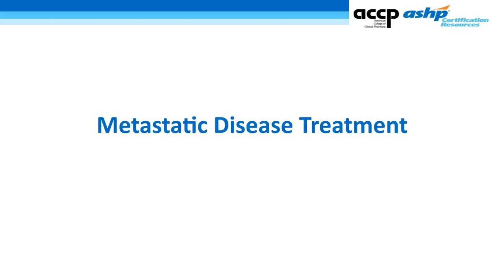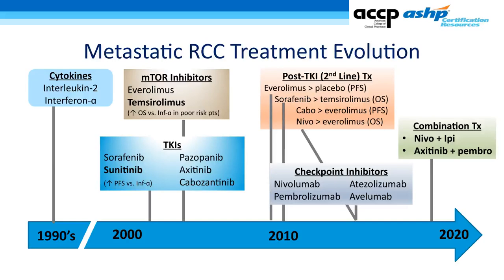The treatment of metastatic renal cell carcinoma has really undergone a revolution over the last 20 years, which we'll see on the next slide. So going back 30 years, the mainstay of treatment for metastatic renal cell carcinoma was interferon alpha, or IL-2 for those that were very fit with a great performance status.